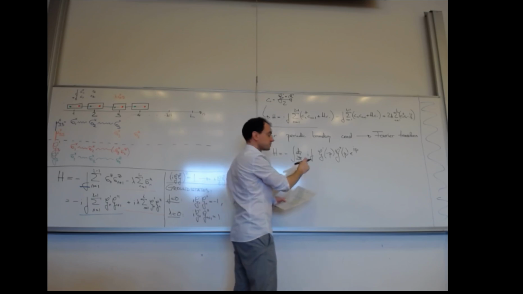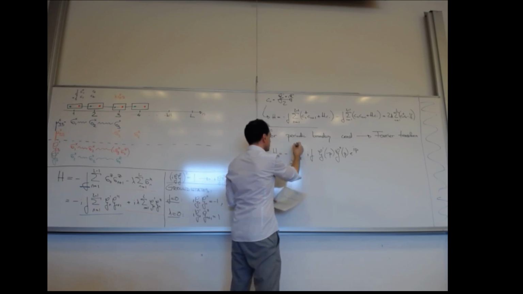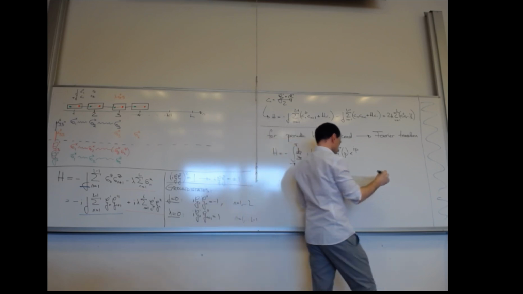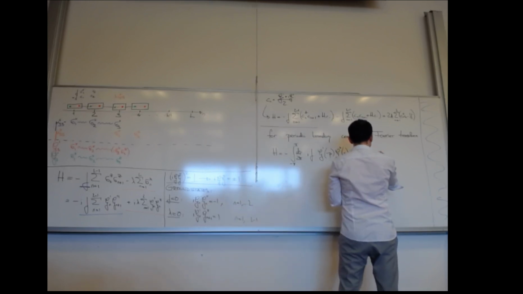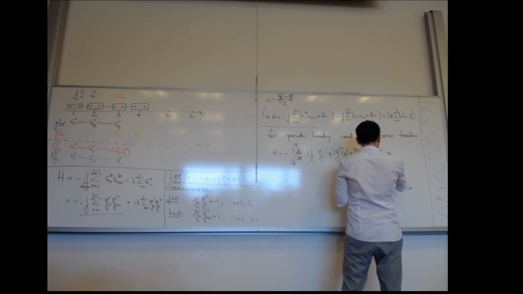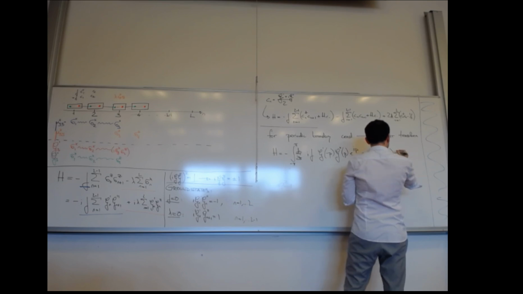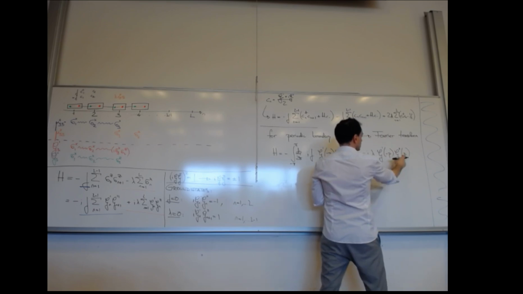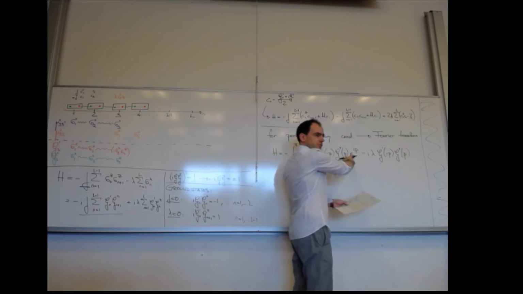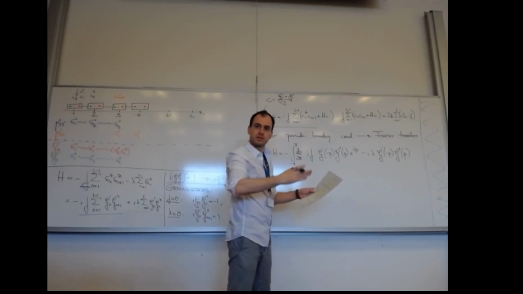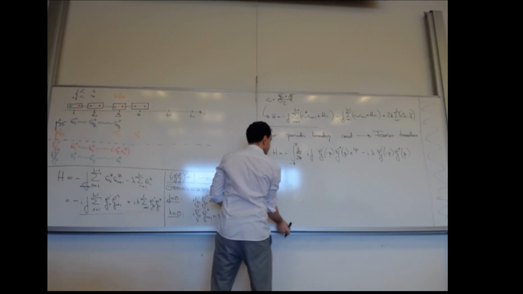I set the lattice constant to 1, and this goes from minus pi to pi, minus i lambda zeta prime minus p zeta double prime p. This is on site, so there is no such extra term. This extra term is what you get when you Fourier transform operators on adjacent sites.